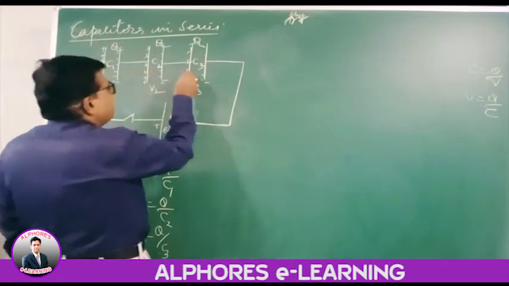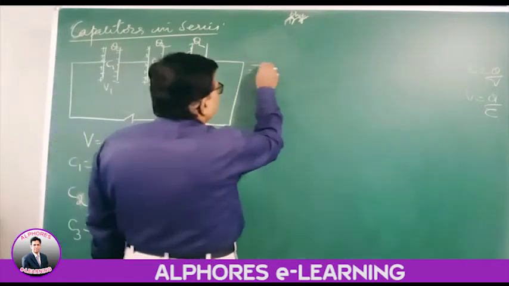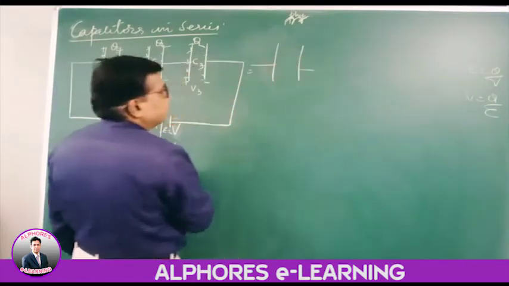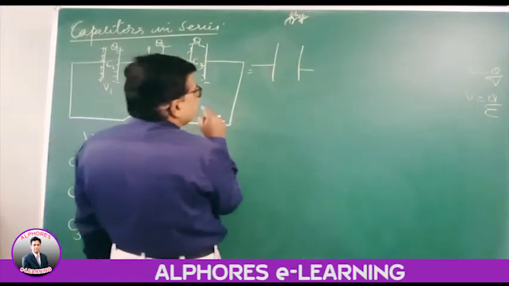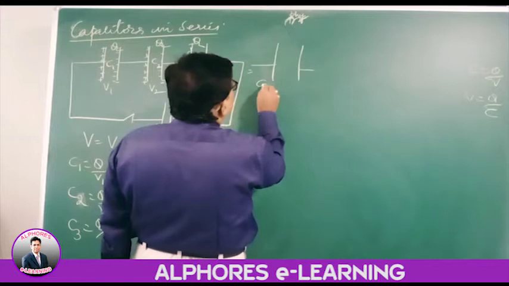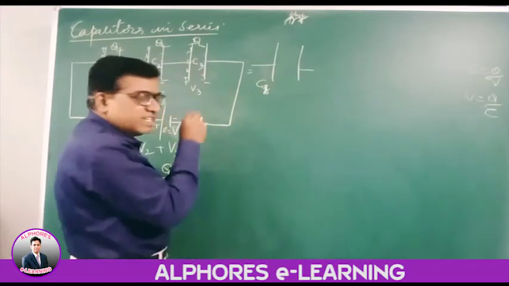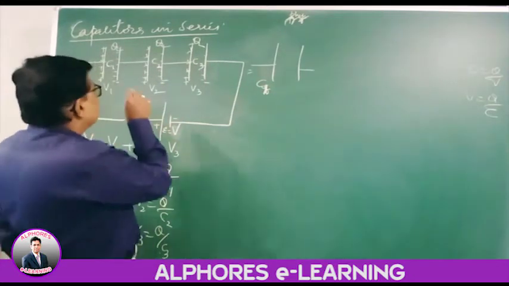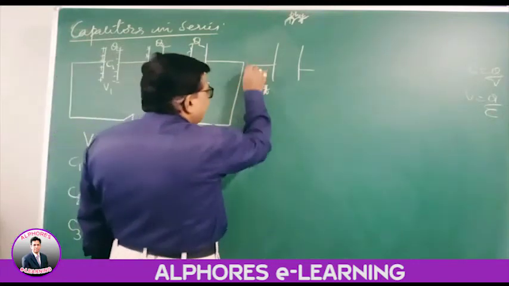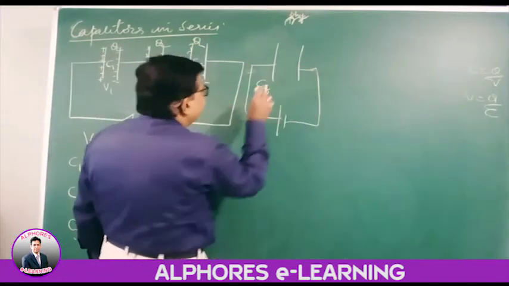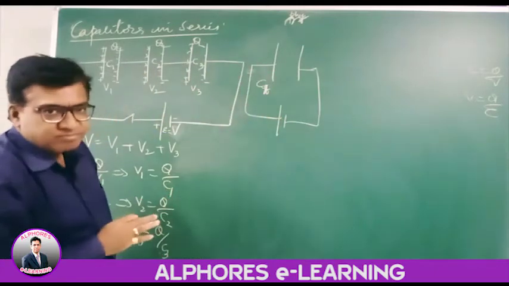Let these three put together in series be equivalent to a single capacitor whose capacity is C effective or C resultant. These three connected in series to this battery, or this single one connected to the battery, will produce the same effect.